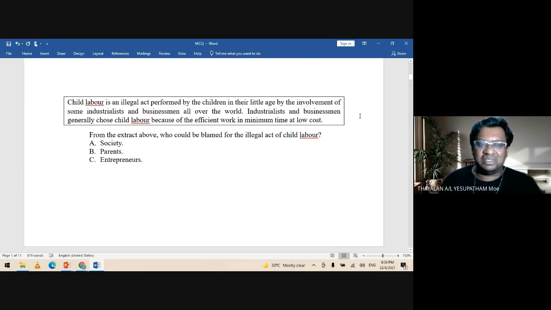Industrialists and businessmen generally choose child labor because of the efficient work in minimum time at low cost. Now, we know in the question someone has to be blamed for the illegal act of child labor. Does the text talk about society?